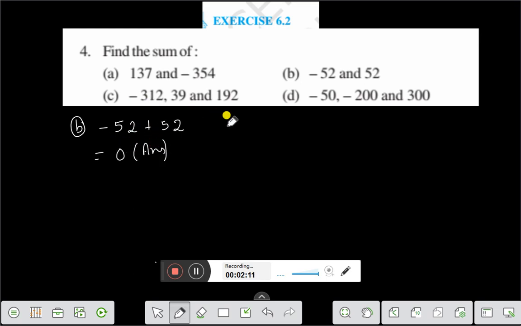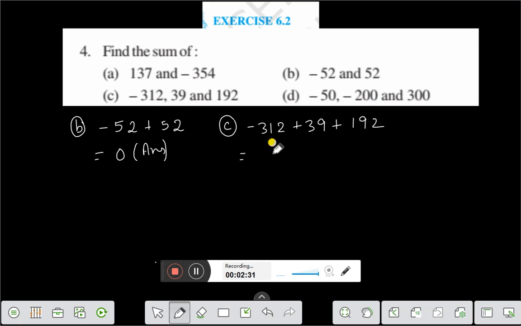Now we'll solve question number C. Question number C is minus 312 plus 39 plus 192, right?